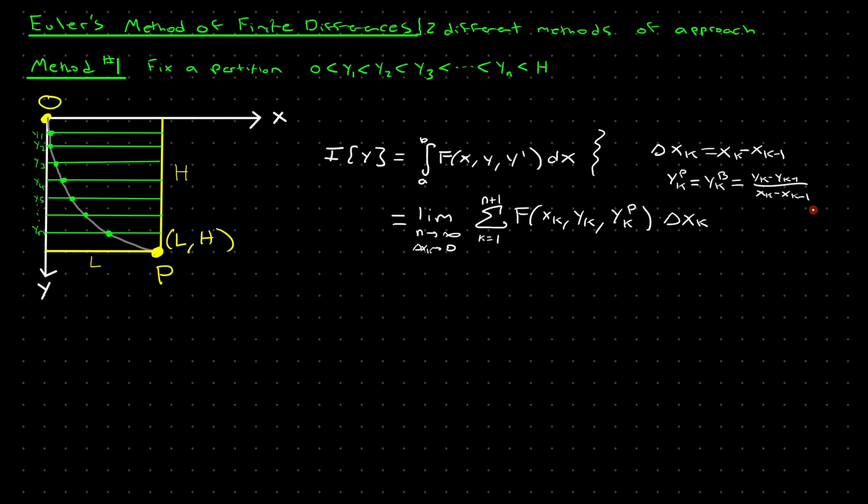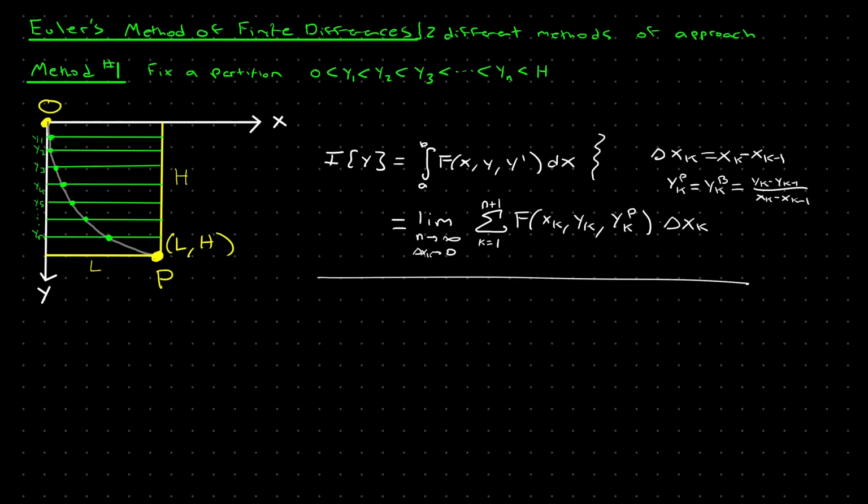However, this backwards difference formula is going to be the nicest thing to use for illustrating this method. When we've used the backwards differences here, we're approximating this curve with straight line segments, linear segments, the slope of which is exactly the slope of the line going from point to point. That's what this yk prime is when we use the backwards differences.